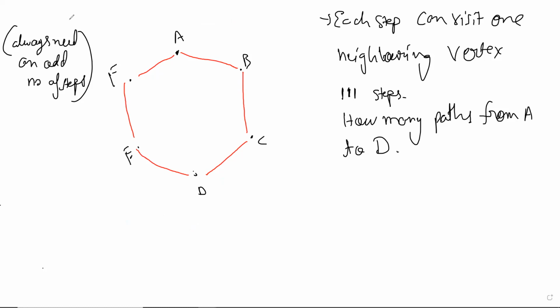But the real question is how many paths there are in total from A to D, and how do we do this? You can obviously prove by induction also that an even number of steps will not be enough.